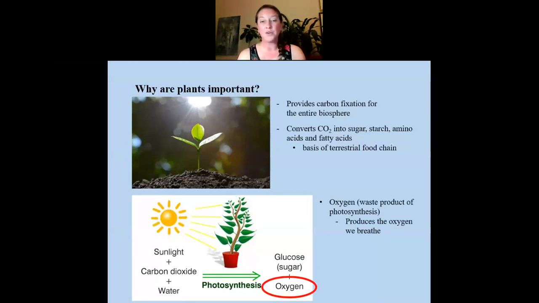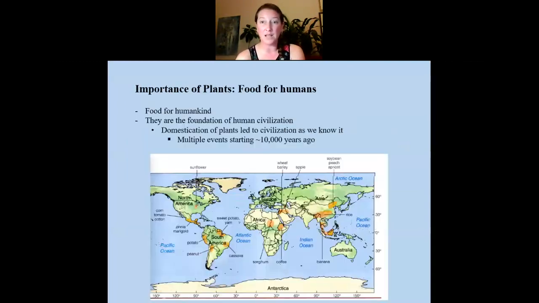When they do this process of turning CO2 gas into sugar using the sun and water, one of the waste products is oxygen, and we actually breathe the oxygen. The oxygen that we're breathing is for the most part because of plants. Those are some of the reasons they're important.